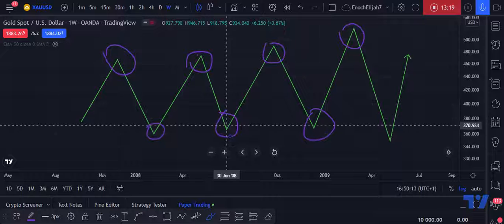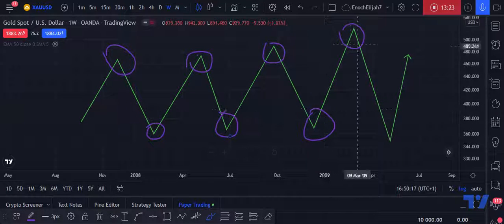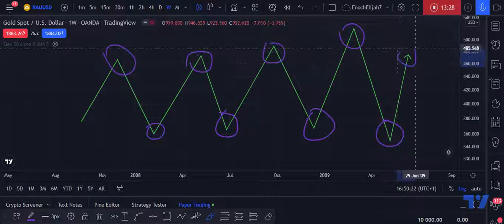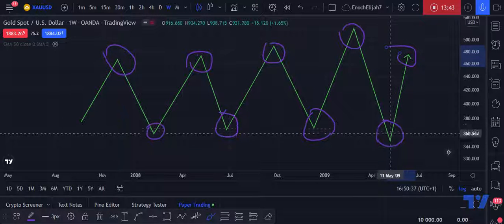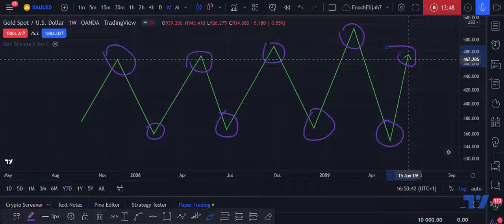That is, you sell the top, buy the bottom, sell the top, buy the bottom, sell the top, buy the bottom right here, and sell the top here again. So that is how to trade a range market. You enter at the edges: you buy at the very edge of the bottom, while you short at the edges of the top. So that's how to trade a ranging market.